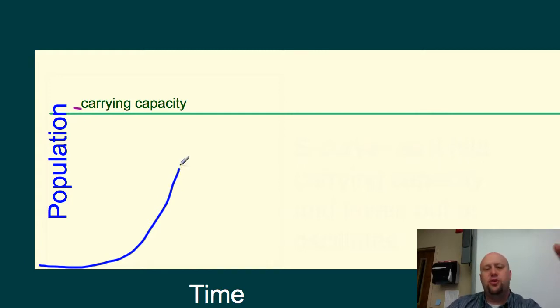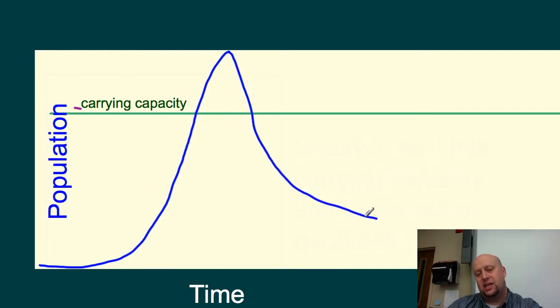So let's say that your food sources, like all of a sudden you're a herd of bison and you came upon a really rich grassland, and so you kept producing, and eventually you reach a point where you're starting to consume all of the food sources. And once you consume all of the food sources, what eventually is going to happen is that you're going to have a crash back down.